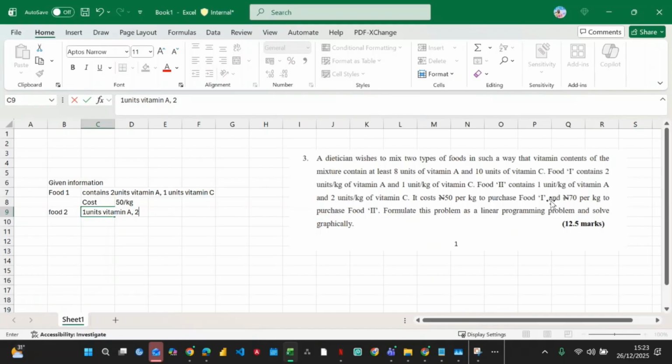The other one is 2 units of vitamin A and 1 unit of vitamin C. This one is 1 unit of vitamin A and 2 units of vitamin C.